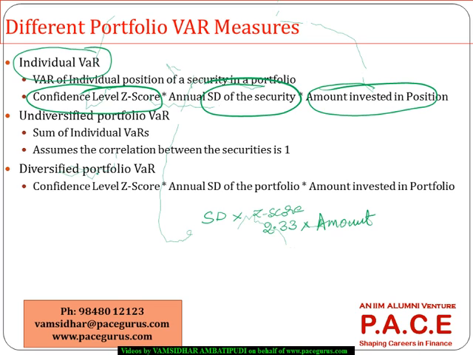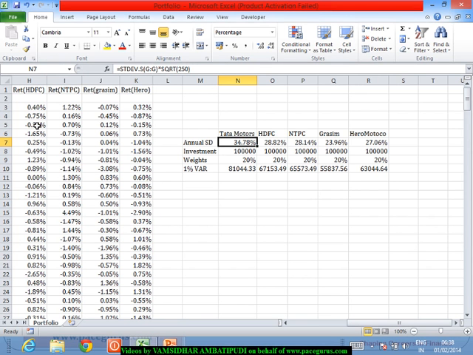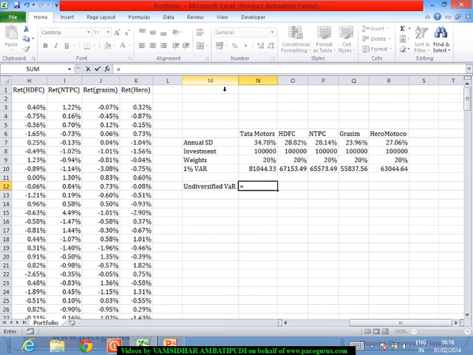So just an addition to that, if someone is talking about undiversified VAR for this entire portfolio, undiversified value at risk is nothing but the summation of the individual VARs, a direct summation of the individual VARs.